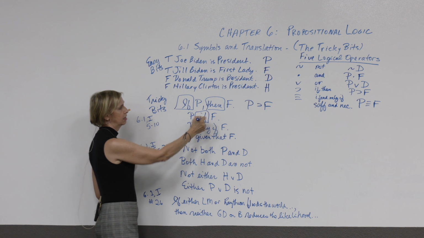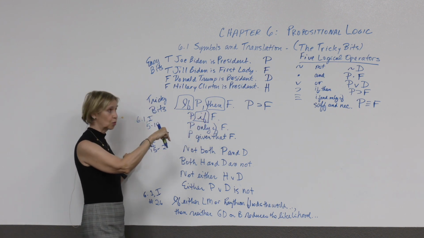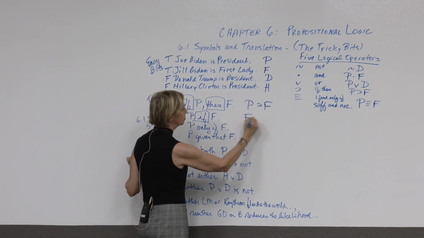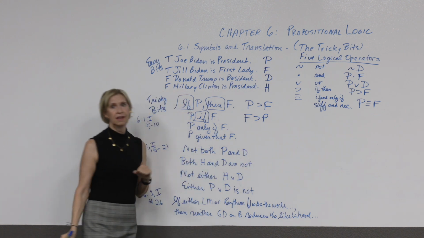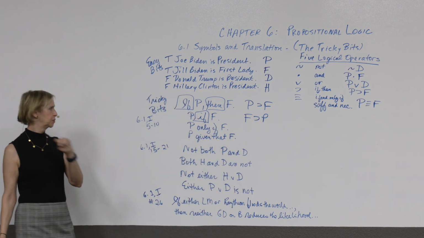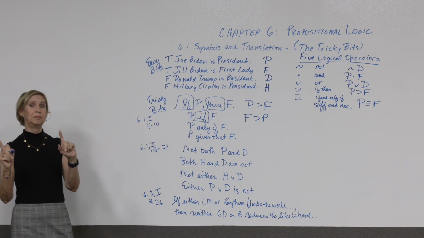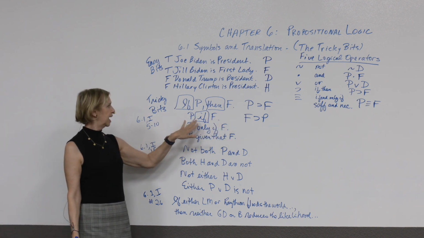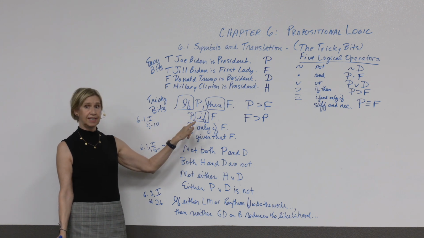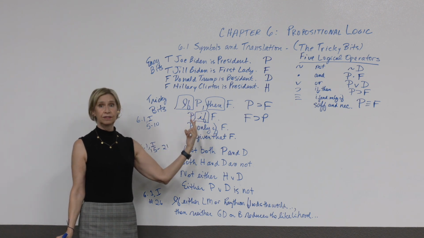The sufficient condition, the antecedent, always comes before the horseshoe. So this would be symbolized like this, okay? So be aware of the difference between, I think it's numbers 5 and 6, about Chanel and Lancome. Remember that when "if" is by itself in the middle of a statement, you have to flip it around.